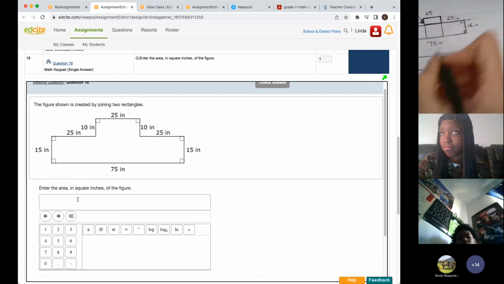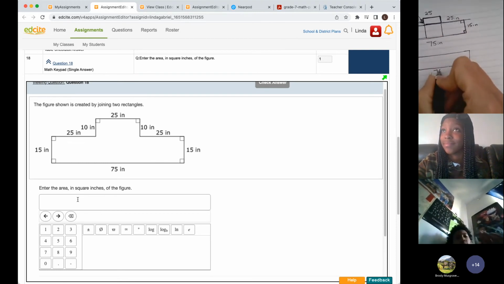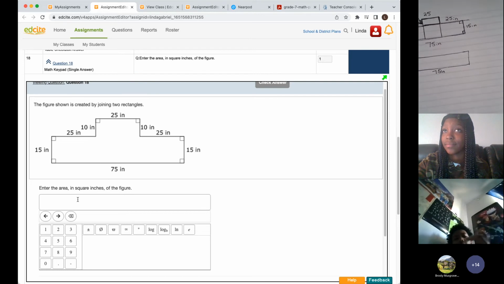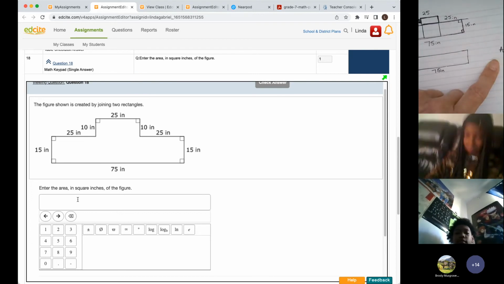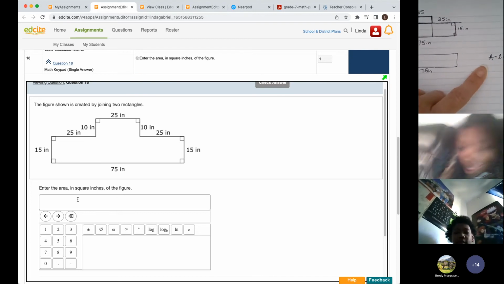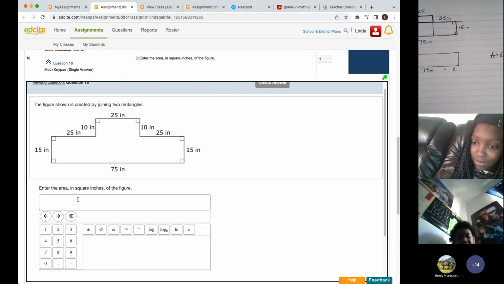I see that this rectangle right here is going to be 15 inches here and then 75 inches here. And if you remember the formula for area, that is just going to be length times width. So right here, here's my length. Length is equal to 75 inches. The width is equal to 15 inches.